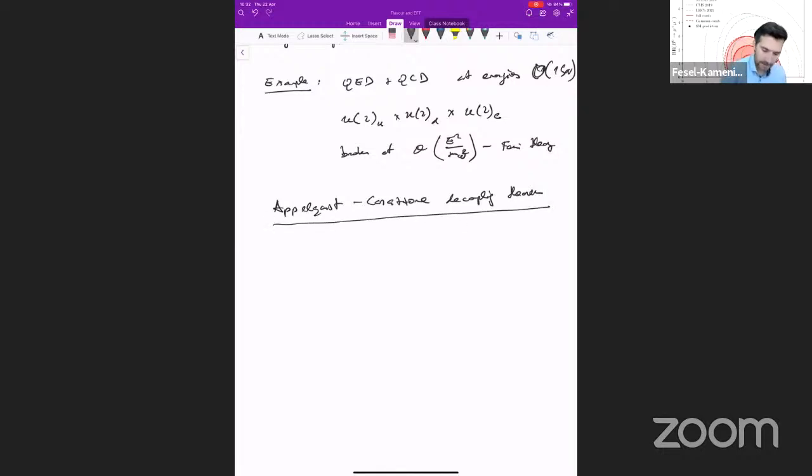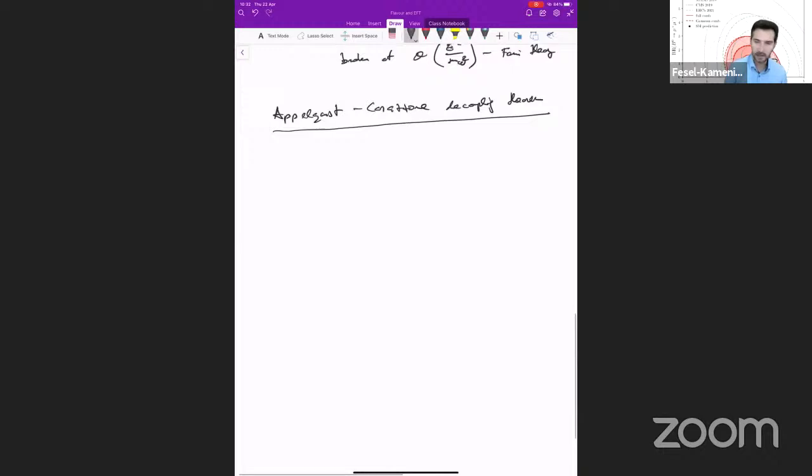Okay, and we'll consider it in a very simplified case where we write the full Lagrangian of a model, which will contain the Lagrangian of light degrees of freedom, which are coupled to one heavy scalar.